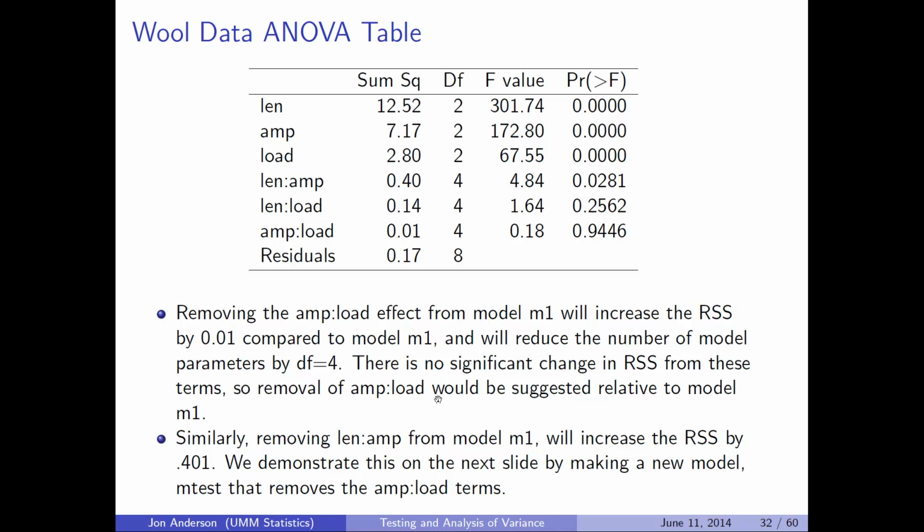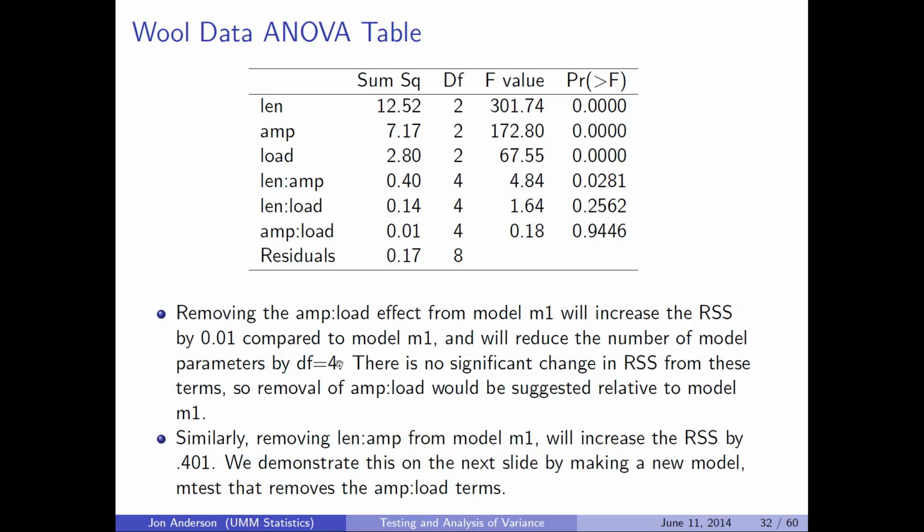If you compare the model that doesn't have amplitude and load to model M1 with an F test, you would see a very small F statistic, a very big p-value, and no evidence at all for needing the extra amplitude and load parameters in our model.